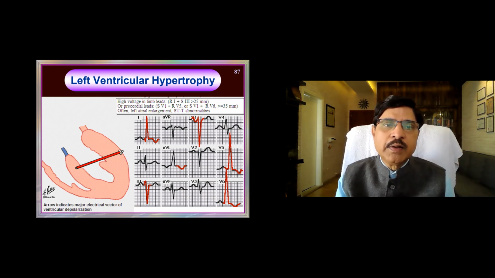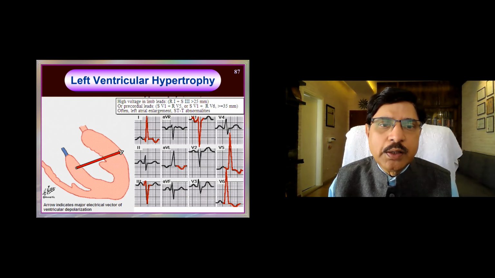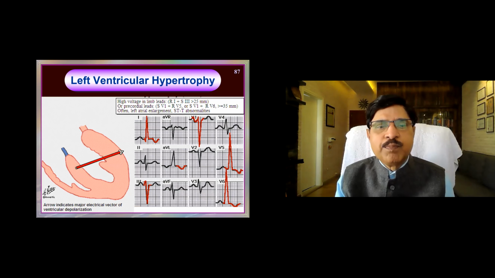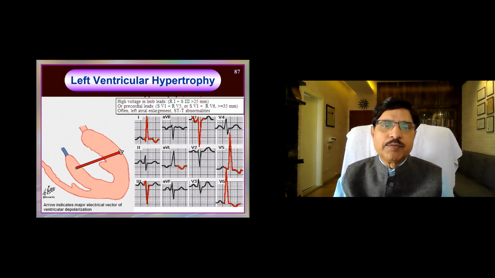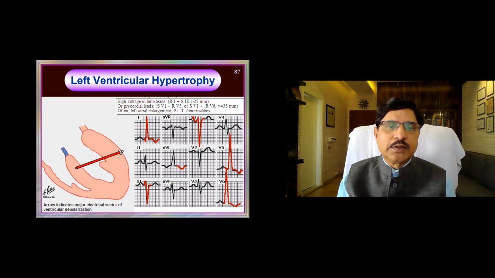What is here? 1, 2, 3, almost 15, 16, 17 millimeters is the S wave, and V5 or V6, whichever you take, V6, 1, 2, 3, 4, 25 or 27. So when let's say 25 and 17, 25 and 15 itself is 40, 42, 43, which crossed 35. So there is left ventricular hypertrophy. Evidence of left ventricular hypertrophy.